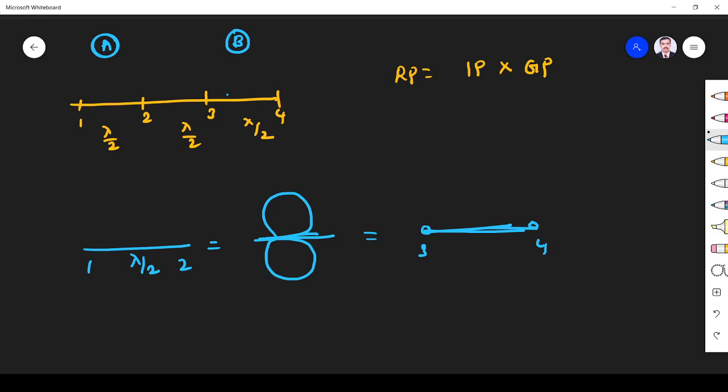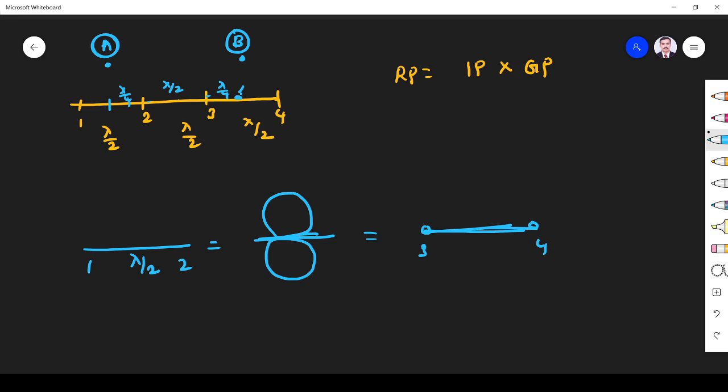So now we assume that this imaginary antenna is located at the center. That's what we have to do in pattern multiplication. Right? So from here to here it is lambda by 4. Here to here lambda by 2. Here to here lambda by 4. This is the center, right?